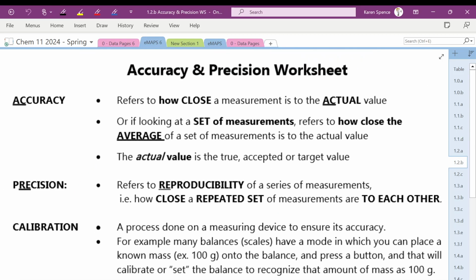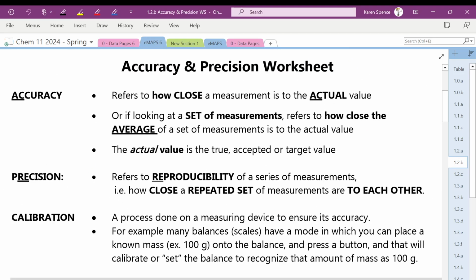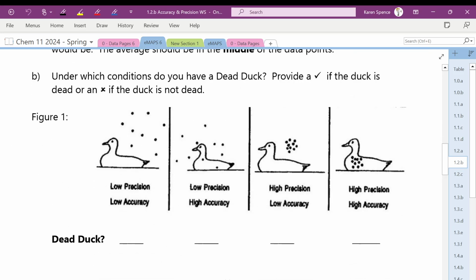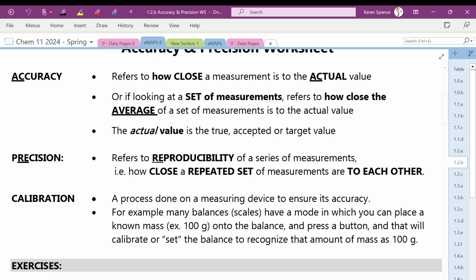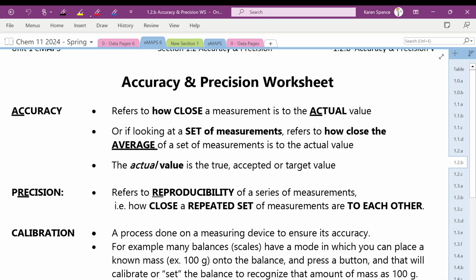So accuracy, we have all the definitions here. This is on page 38.